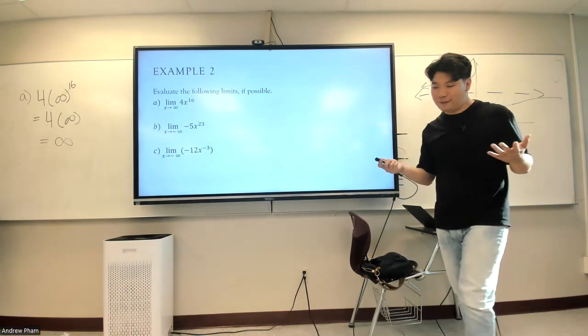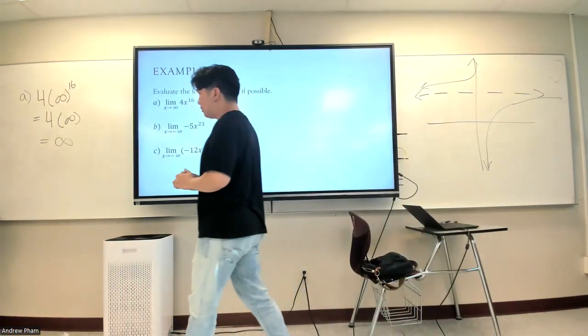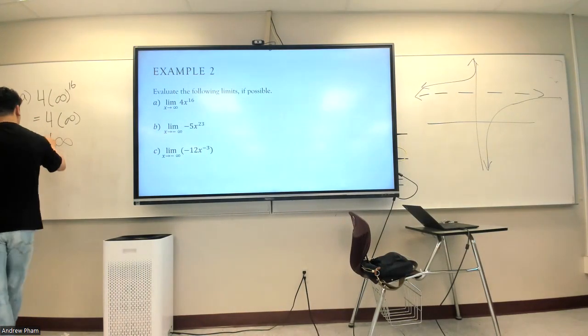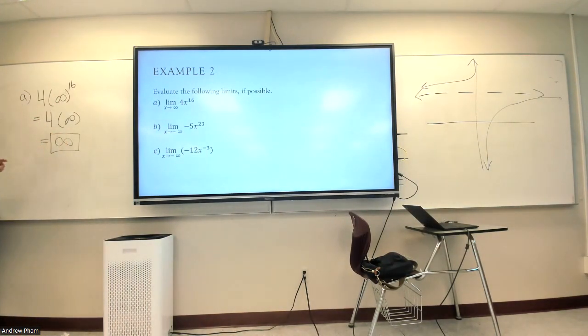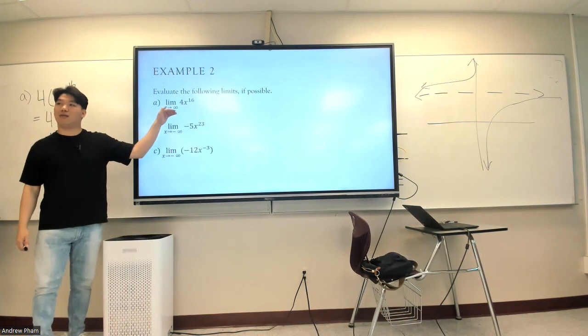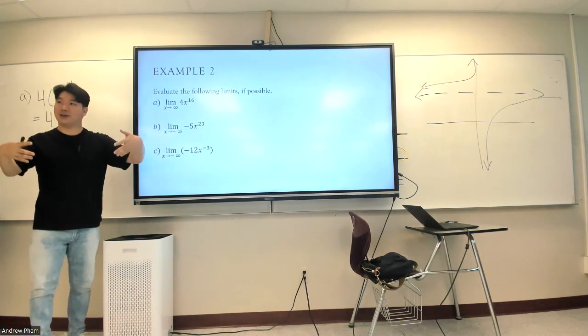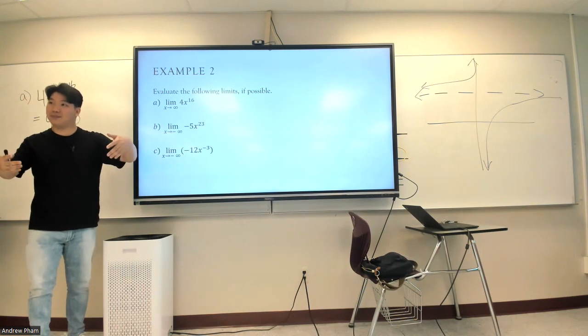So this was using it in a very informal way. Now I'm going to very briefly talk about why this is true. If I want to be a little bit more formal, remember, this is the limit as x goes to infinity, meaning I want my x to keep on getting larger and larger each time.